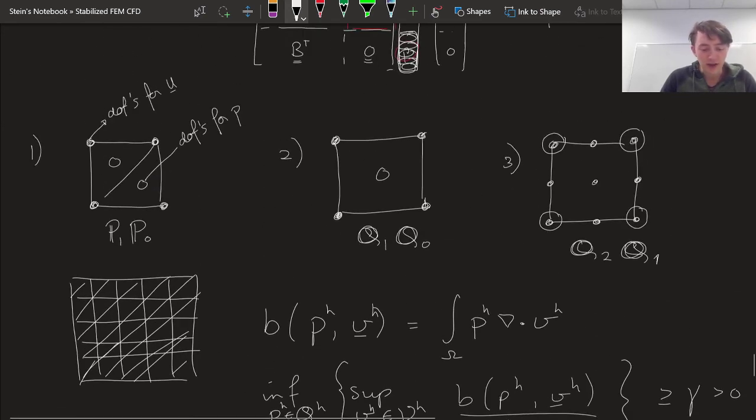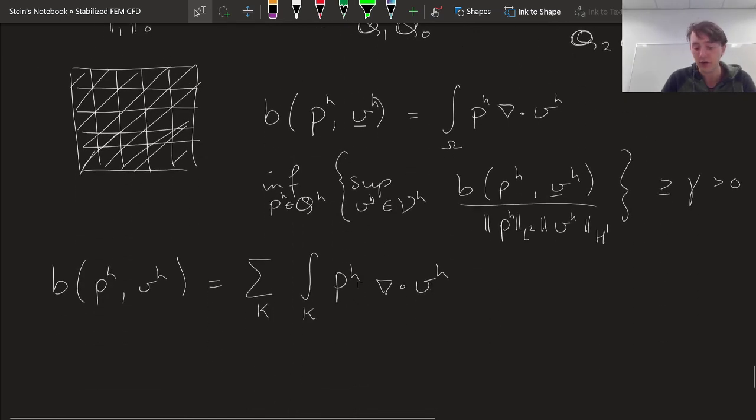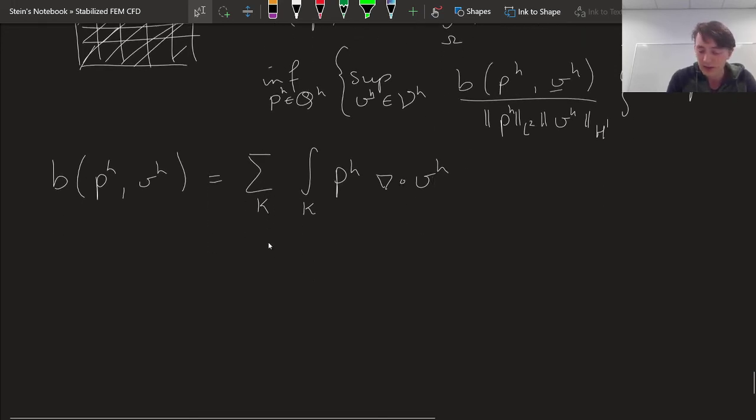Now if I take a look at the elements that we're considering, then we find that the pressures are constant inside of each element, right? So inside of each one of these operations, I can pull the pressure out of my integration. So that means that this is the same thing as the sum over my elements times the pressure. Let me also add a subscript here to distinguish between the different variables in each one of the elements. So I'll get Ki.